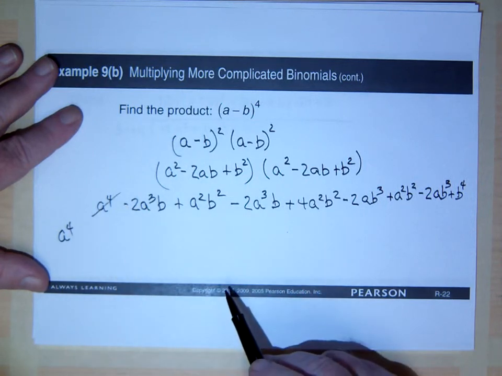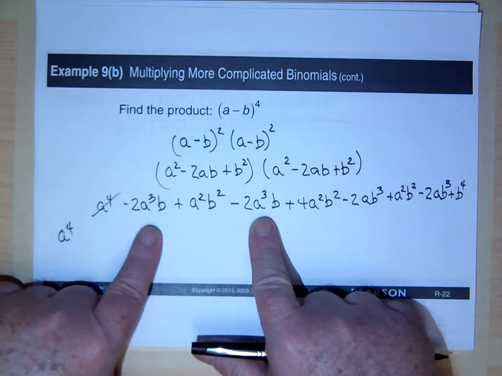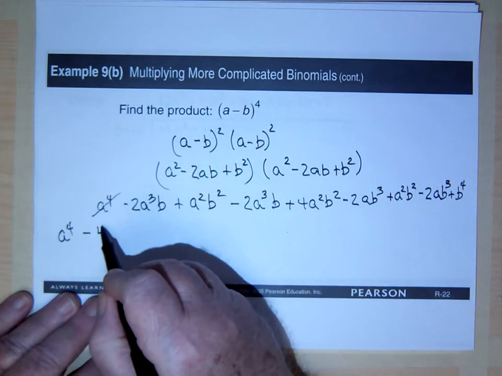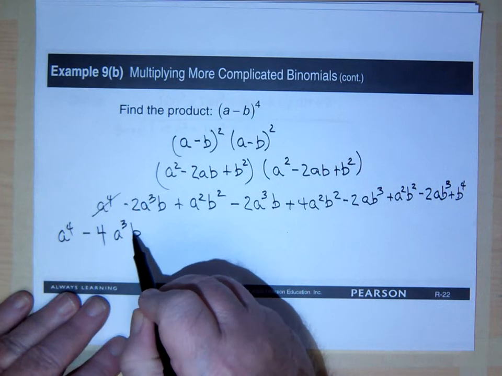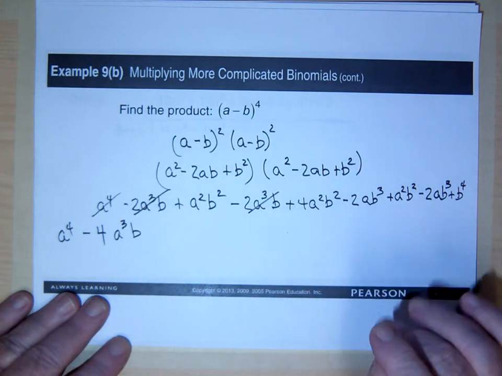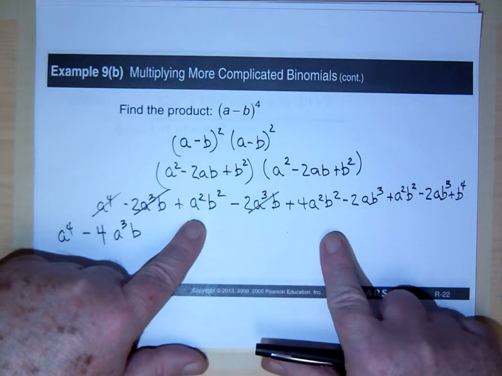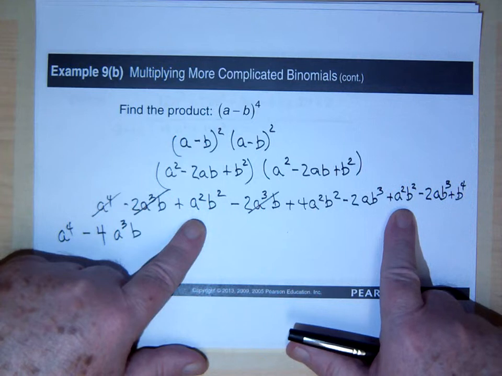Now we'll look for a cubed b. And a cubed b, I will have these, is going to be minus 4 a cubed b. And now I will look at a squared b squared. I will have these terms. That's going to be 5 and 1 is 6.